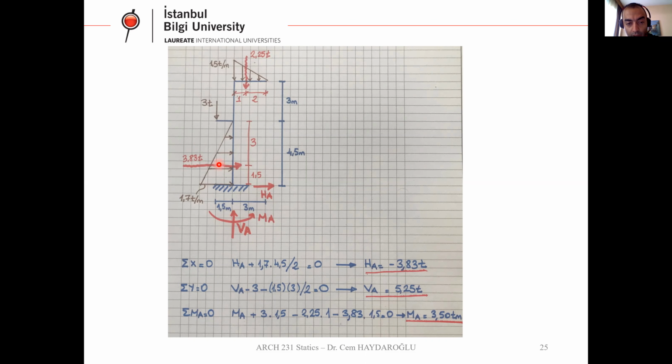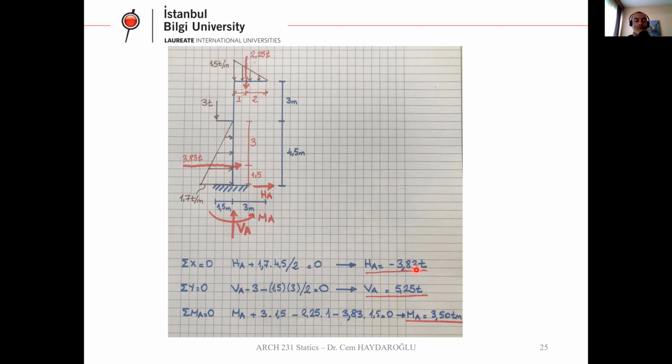There is no more. HA plus this and this are in the same direction, they are in positive direction, equals 0. So HA here is negative, as you can see, negative. That means HA is in the opposite direction. But no worries, if I have a minus here, I know that means the opposite direction. Yes, we have 3.83 tons.